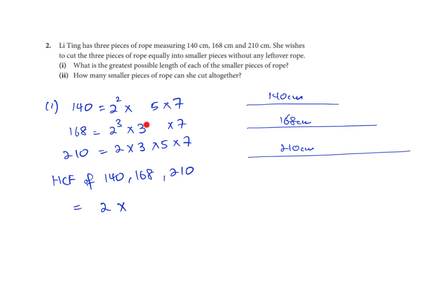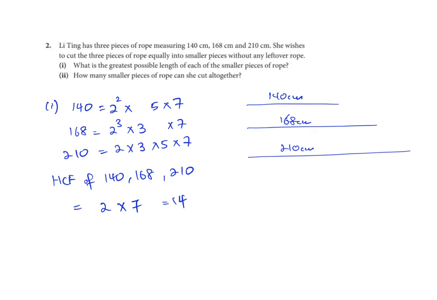Any others? 3, no, this one does not have a 3, so I can't take it. 5, nope, this one doesn't have a 5. But 7 appears in all, so it's just 2 times 7, and that will give me 14. So again, ask yourself, what does 14 mean? It's the greatest number where you can divide 140, 168, and 210 exactly without any remainder.